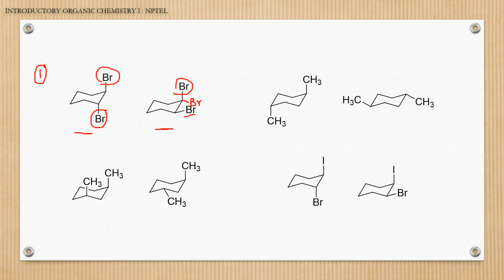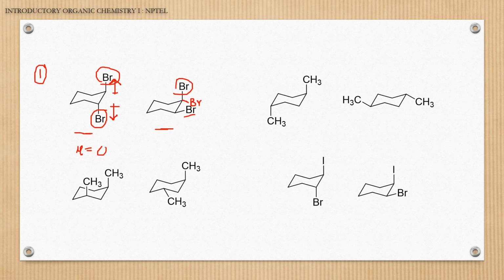Why? Because the C-Br bond is polar, because Br is an electronegative atom, right? So if you look at the dipole moment present here, the net dipole moment in both cases points towards the more electronegative atom, and they are cancelling each other, so the dipole moment present in this system is 0, because both the Br are contributing similarly.